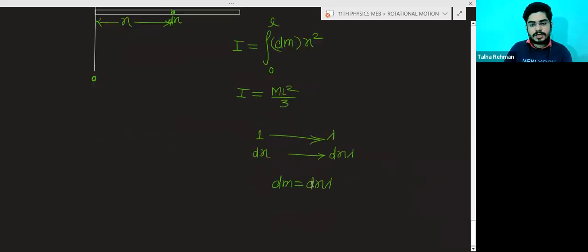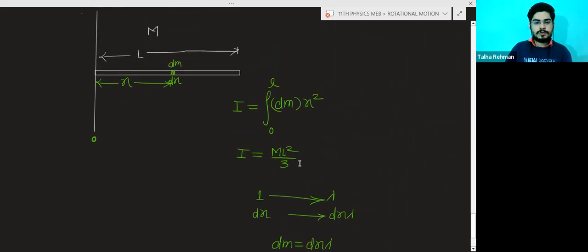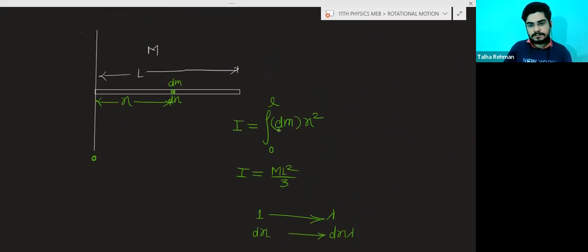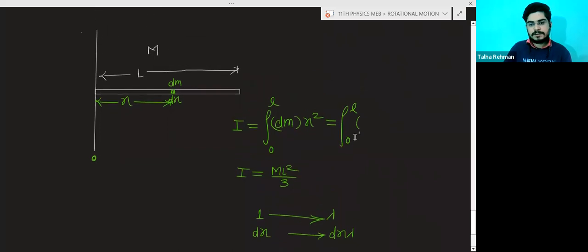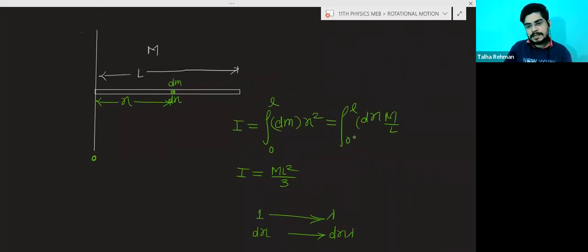And what is lambda? Mass divided by length. So you will put the value here, 0 to L. dm is dx into m by L, and here is x square.